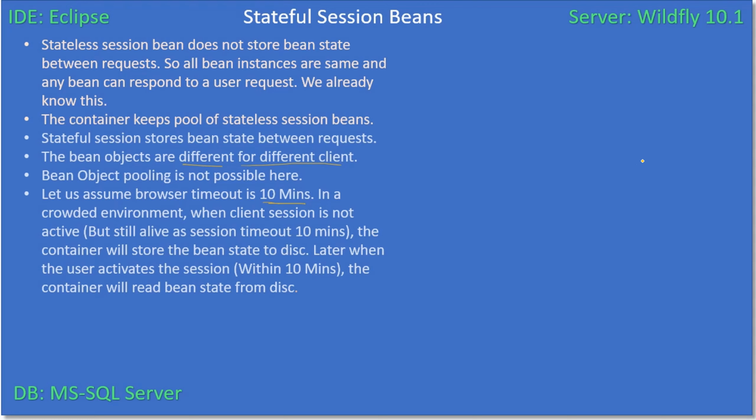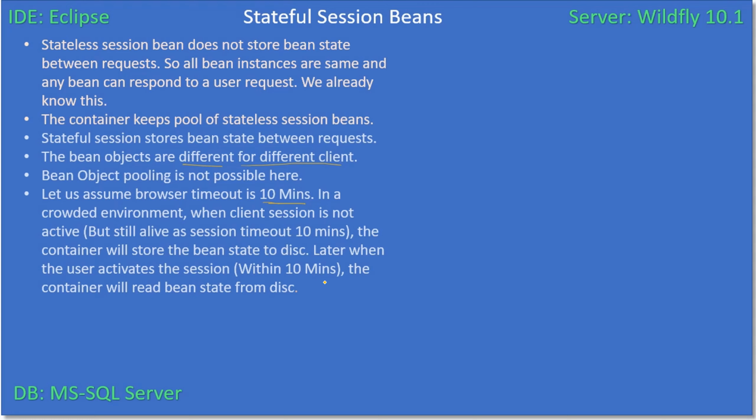So from memory it will go to the disk. Which disk? The disk of the server on which the application server is running. Later, when the user activates the session within this 10 minutes timeout period, the container will read the bean state from disk.